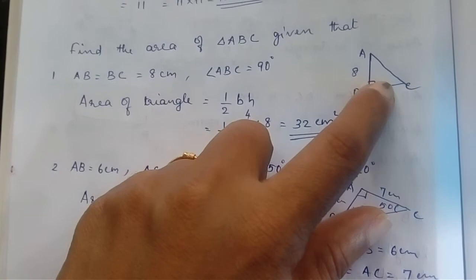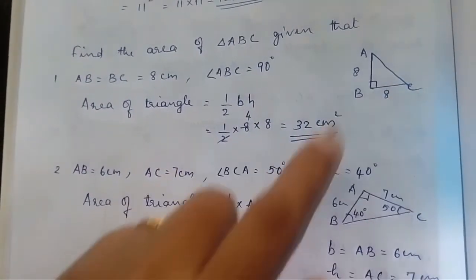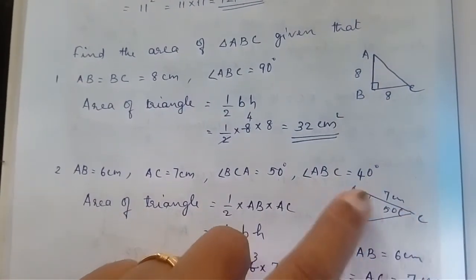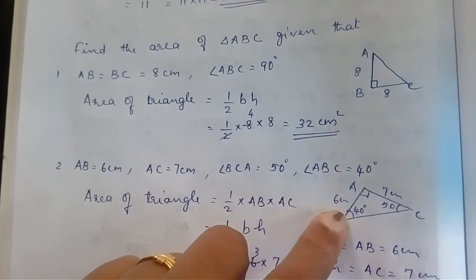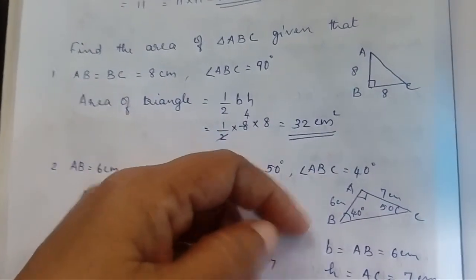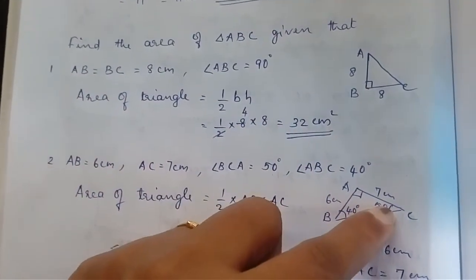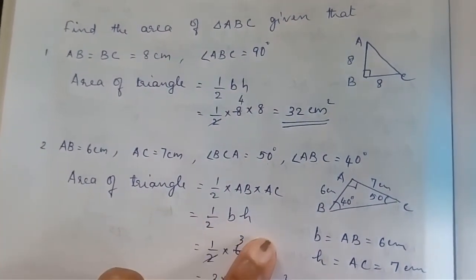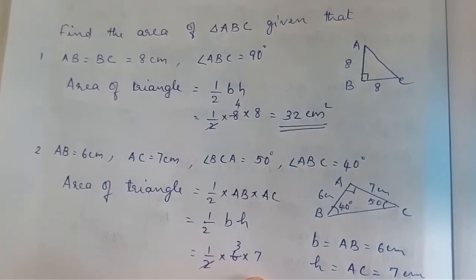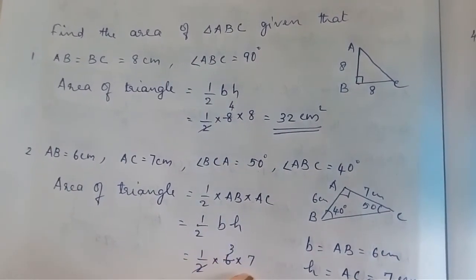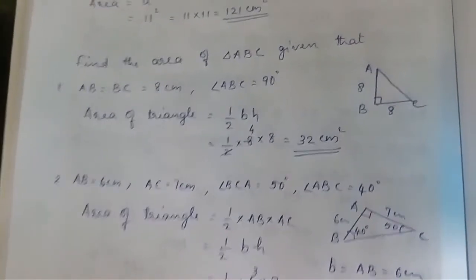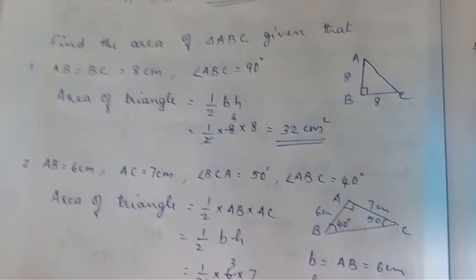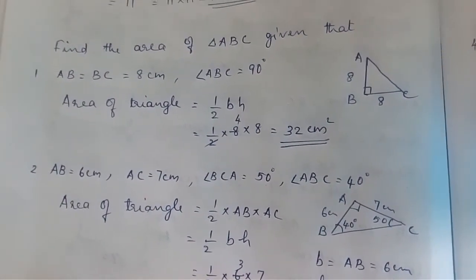Here also you can see the perpendicular sides. These are perpendicular to each other. So these perpendicular sides can be considered as the base and height. Any one of the sides can be considered as base and the other can be considered as the height. So half into base into H, that is half into 6 into 7. If you are changing the order of the numbers, then there will be nothing wrong, because we know that addition and multiplication hold the commutative property.